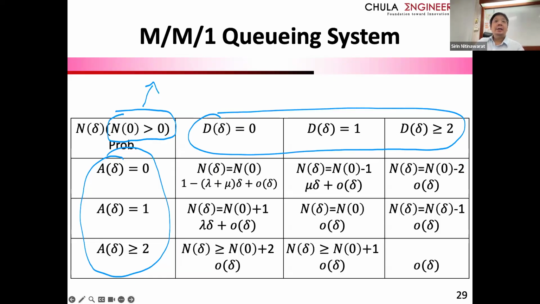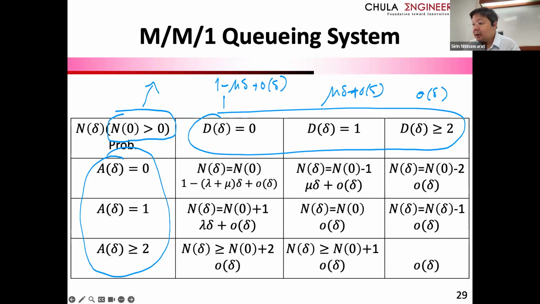3 times 3 is 9, right? So if you consider the joint distribution, there are 9 possibilities. And how do you compute their joint probabilities? Just multiply them, right? So you already know this is 1 minus mu delta plus little o of delta. This is mu delta plus little o of delta, and this is little o of delta.